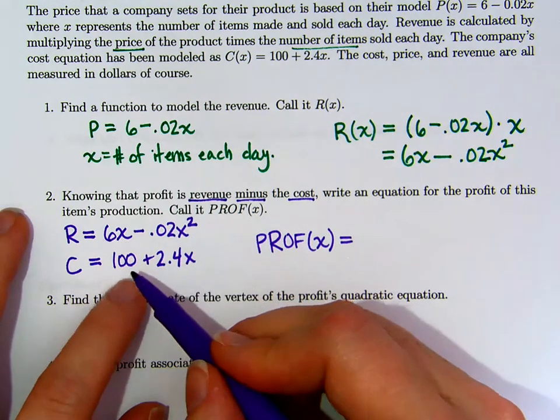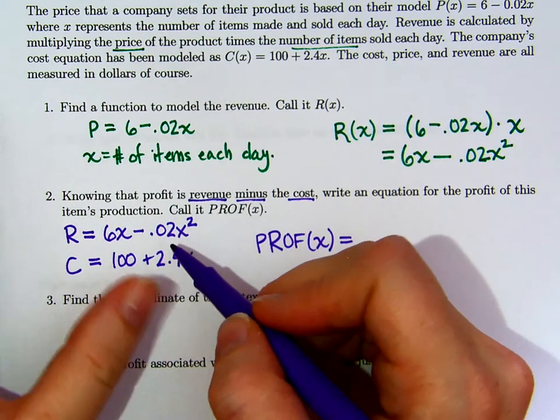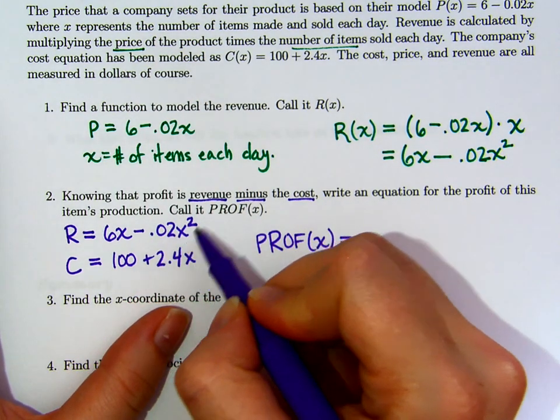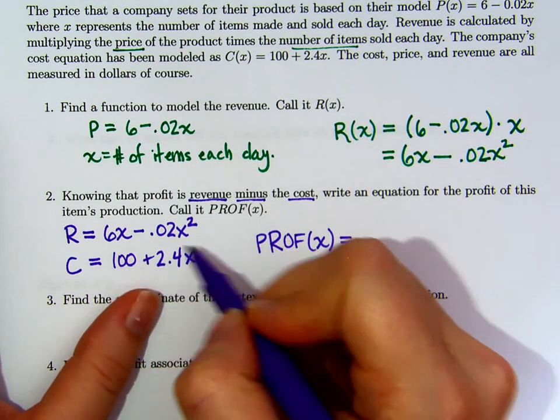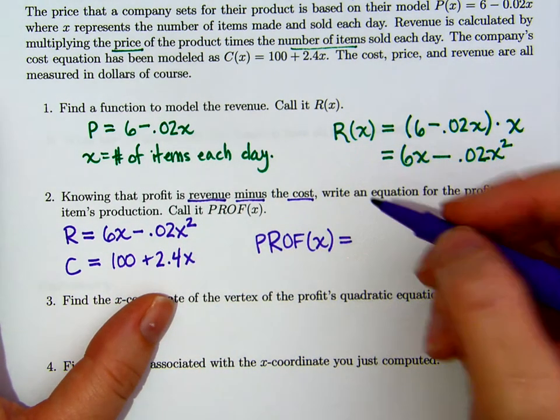Revenue, take away cost. I'm going to start with the squares. We have negative 0.02x squared, and there are no x squareds to take away from here, so we're just left with that.